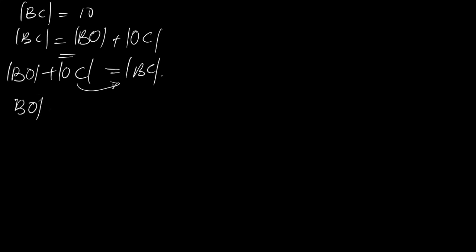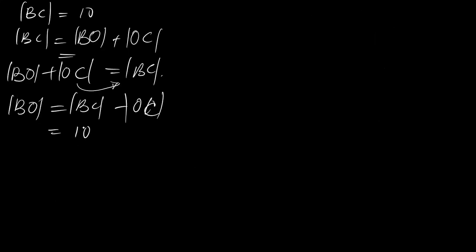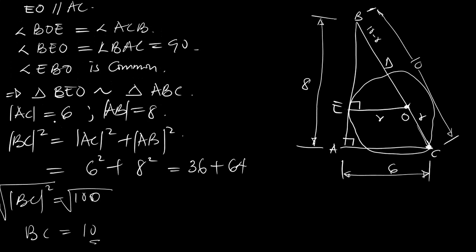So BO will be equal to BC minus OC. BC is 10 minus OC, which is R. So BO is 10 minus R. Now we're looking for this point, which is x. Then from here downwards will be 8 minus x.